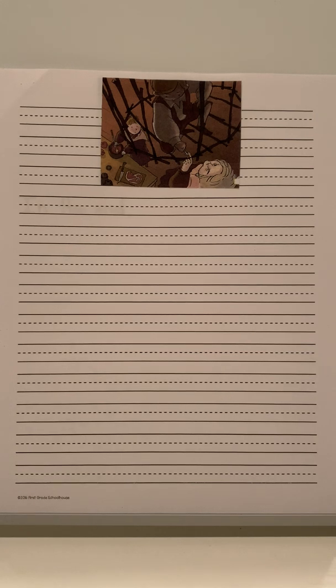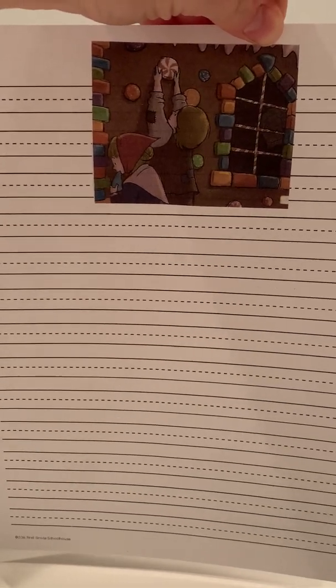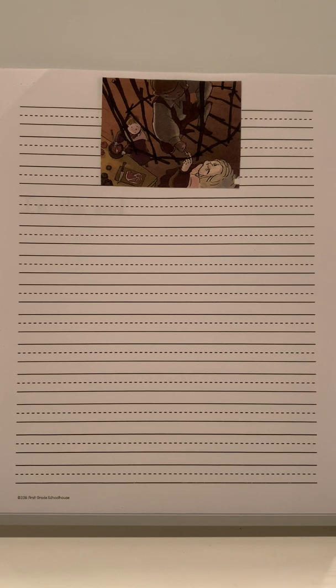Ooh, that's a good part of the story. So you're going to explain to me how the characters got to this point and what is happening in this part of the story. So we know, of course, they found the house, but then you're also going to explain who was in the house, what happened once they got to the house, because then you'll be talking about this part and we don't want to leave out those important details.